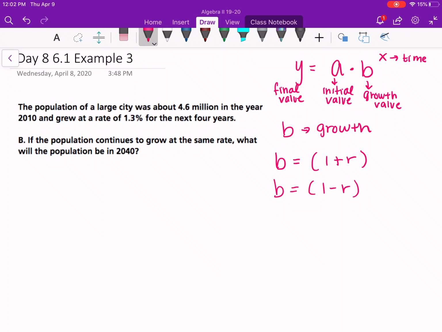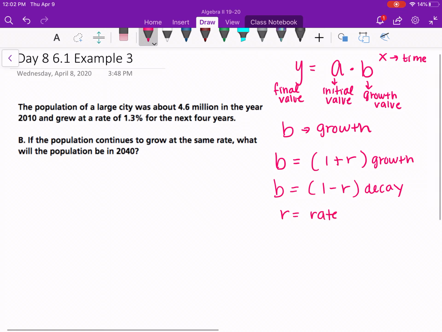So that's 1 plus the rate if it's growth, or it can be 1 minus R, which is the rate, if it's decay, all right? And we're going to talk about that more in a second, and it'll make more sense what that means, okay? But the important thing is your R is your rate as a decimal, okay?